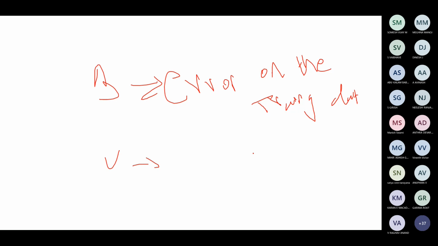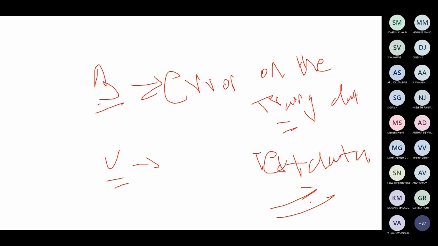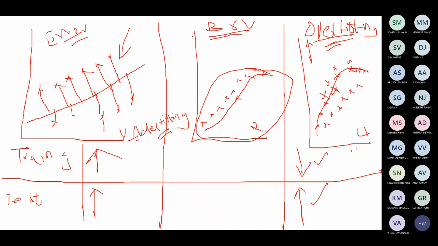Variance means the error produced on the test data. Basically, what is variance? It is how much the data is spread between the numbers. So bias and variance are the error on the training data and the error on the testing data.